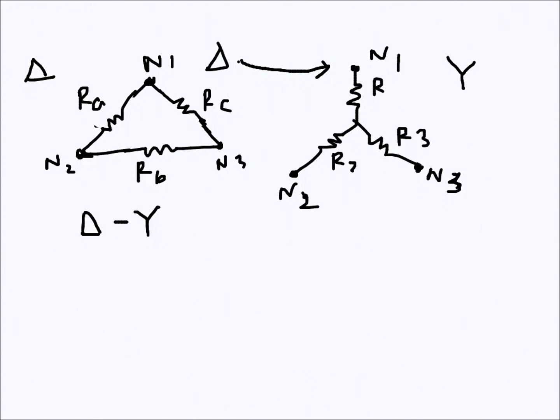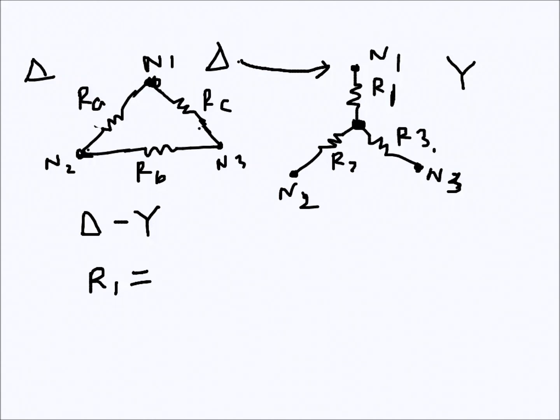So anyway, from delta to Y, so this is R1 here, R2 and R3. R1 is connected from node 1 to a neutral. Y will have a neutral. Now here is N1, which has RA and RC connected to it.